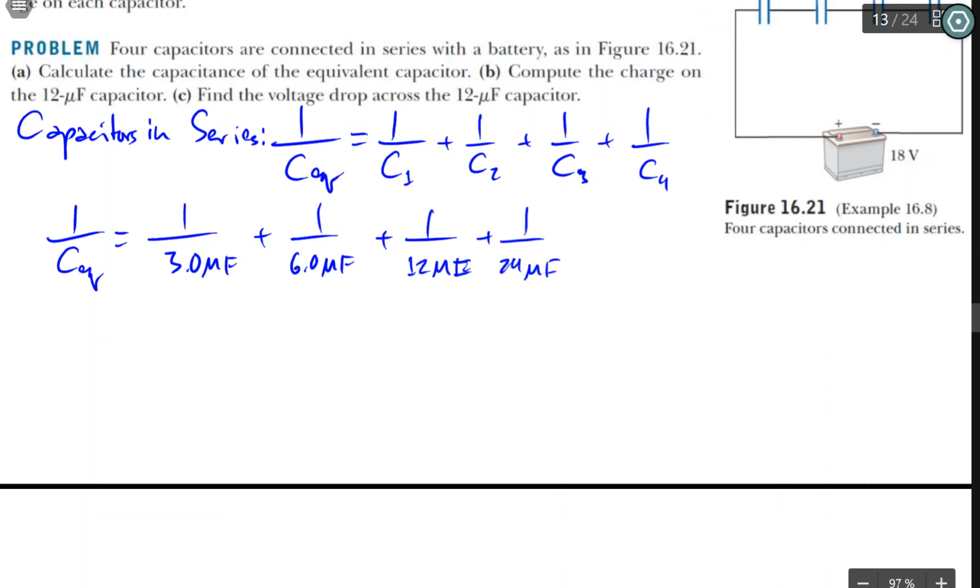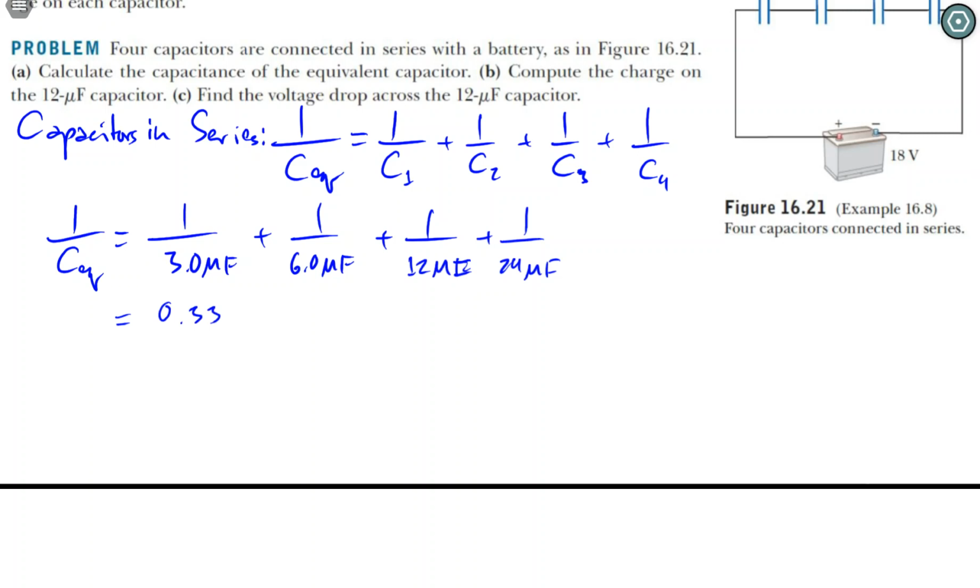Okay, so just add that all up. So this is going to be 0.33. It's going to be 0.17.